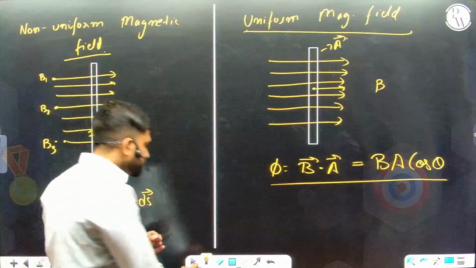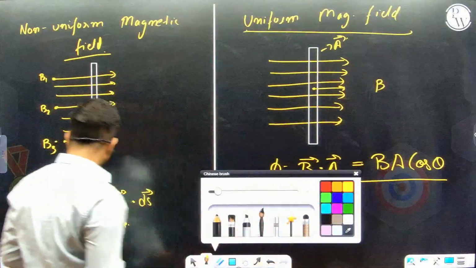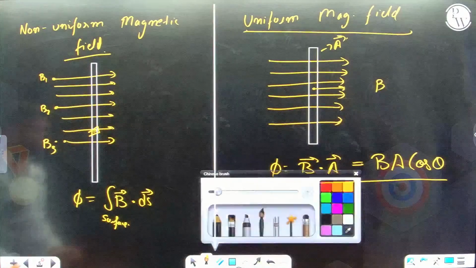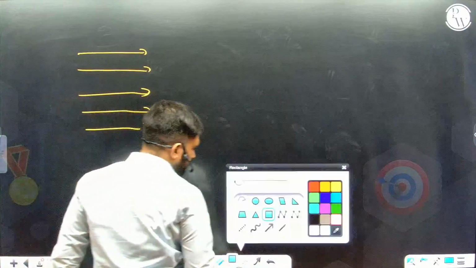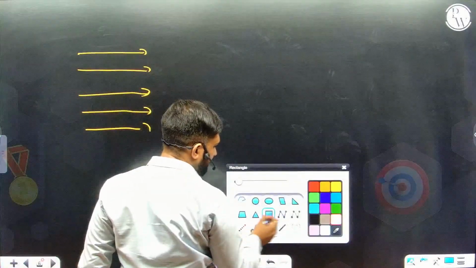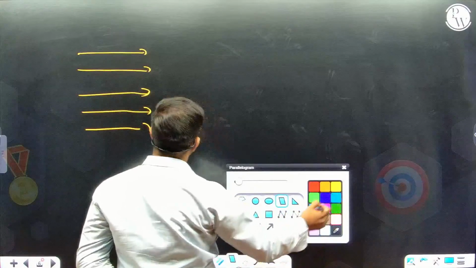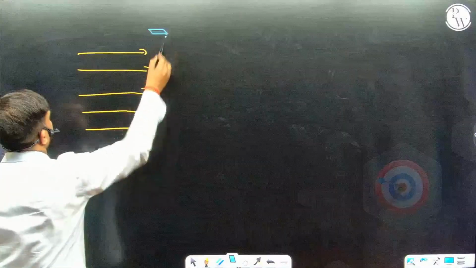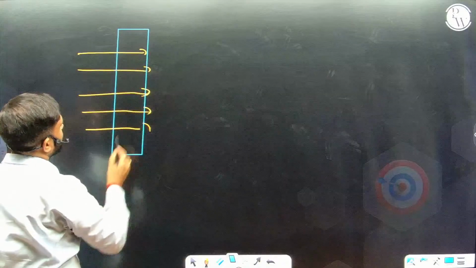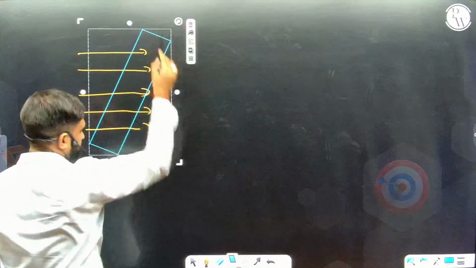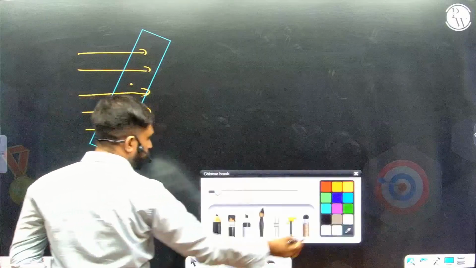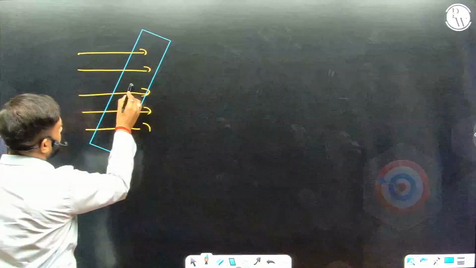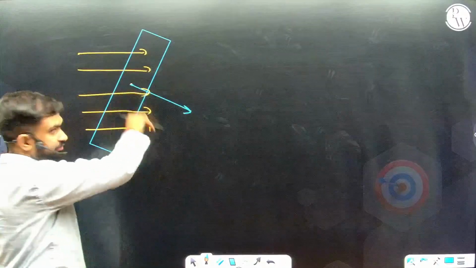Okay. The general scenario, why this cos theta? As we saw in the last example, if the field lines are like this, and the surface through which I need to find the flux is a bit tilted, the area vector of this surface will be perpendicular to the surface, definitely not horizontal.